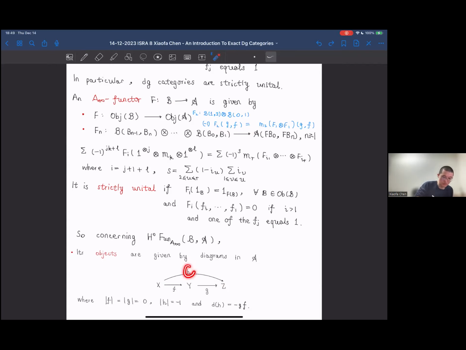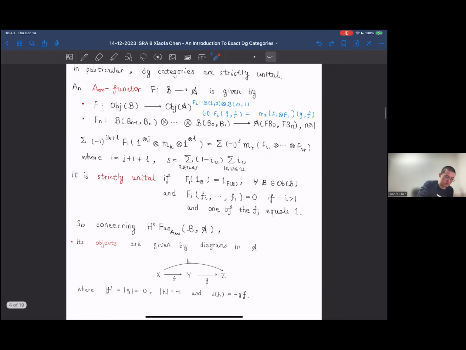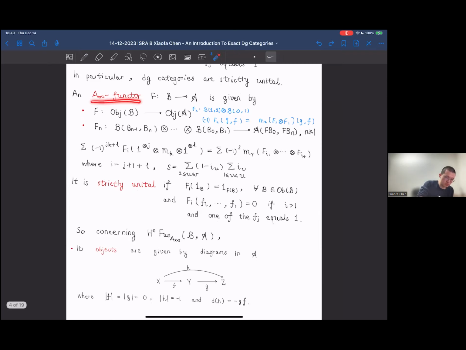So here H is of degree -1, and we ask that this is the differential of G composed with F. So here the A-infinity functor is strictly unital when it preserves the identity, and whenever, for i greater than 1, any one of these maps is identity, then this vanishes.